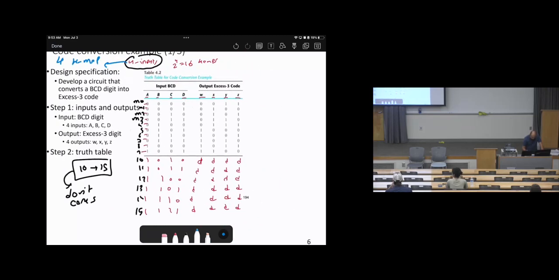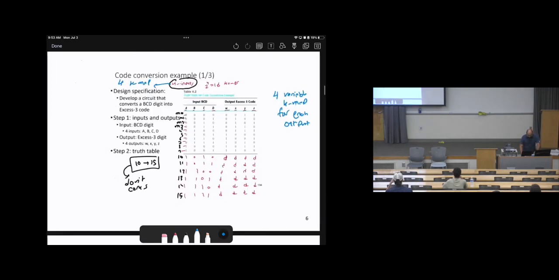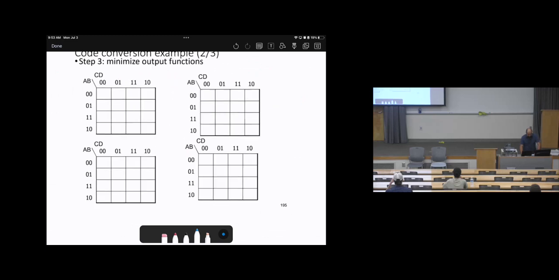Let me write it here. How many outputs do we have? 4. Therefore, we need to build 4 variable Karnaugh maps, which will take some time.